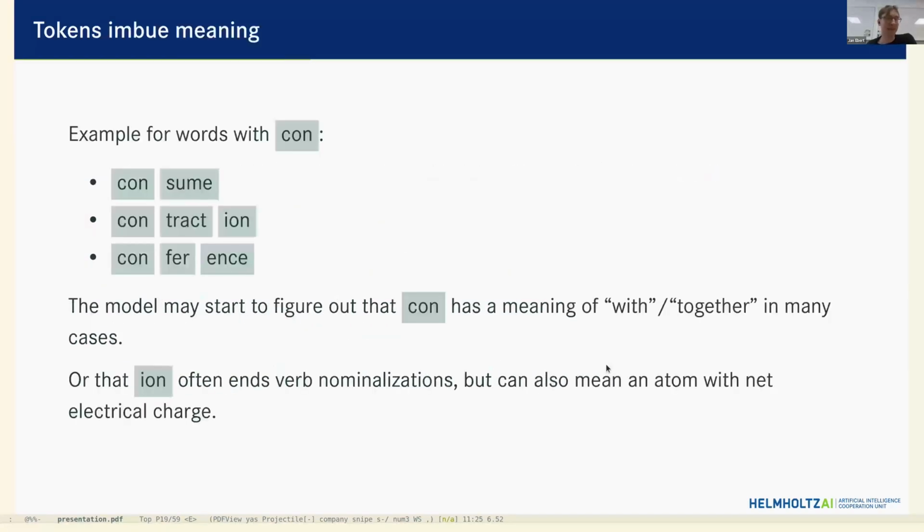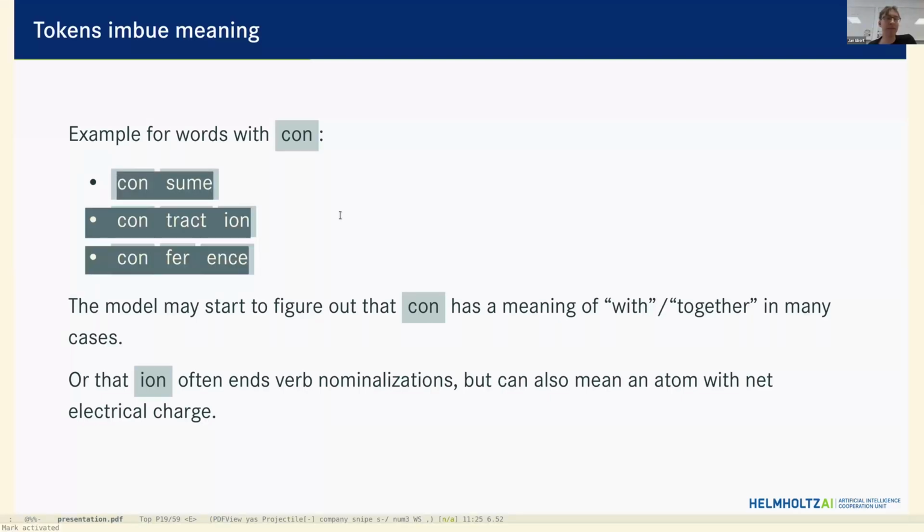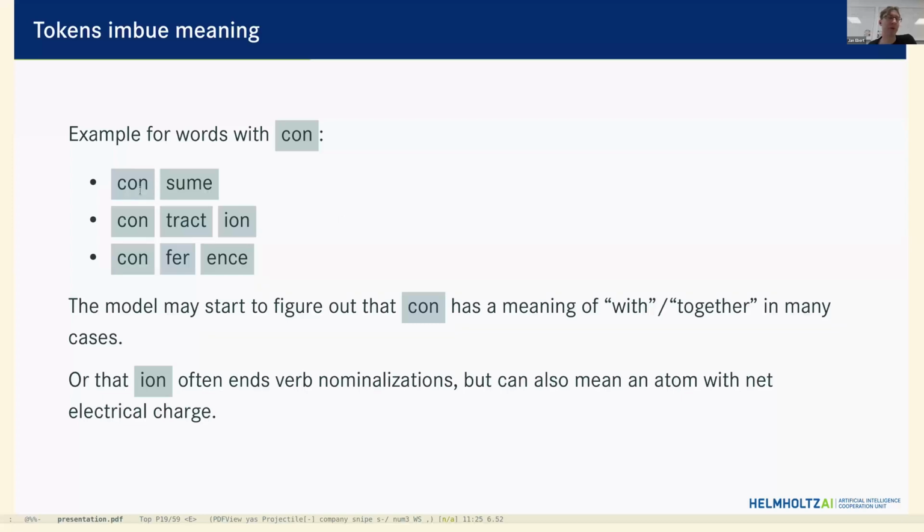So I promised an example of what I mean by meaning imbuement. English is a Latin-based language, and often words start with a certain prefix, for example, con. Con in Latin means with or together. And I listed here some words that I split into tokens that start with the token con.